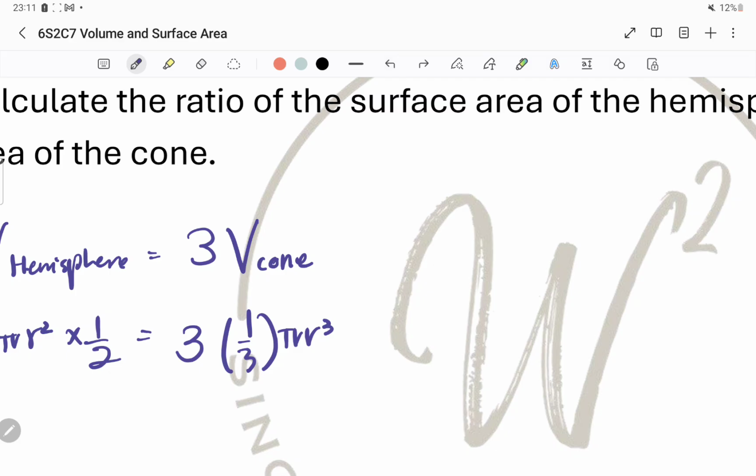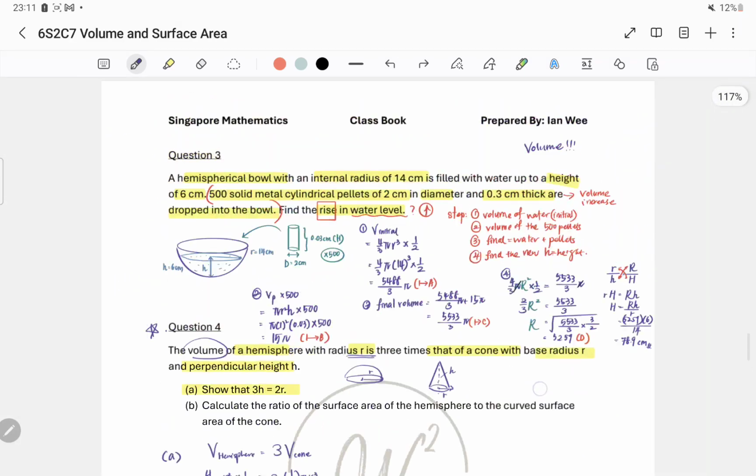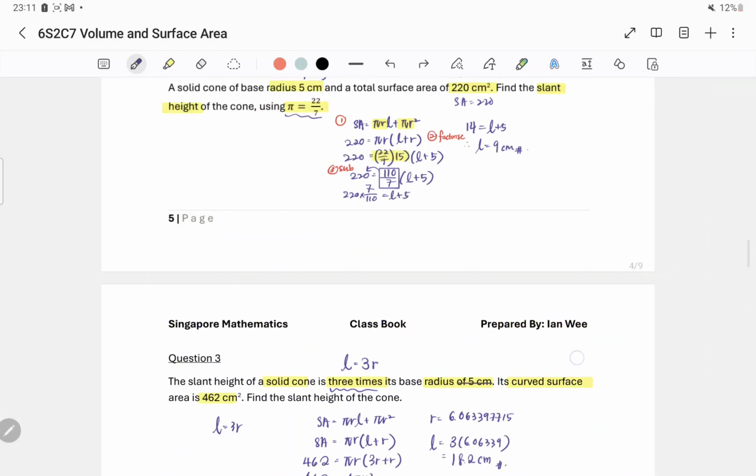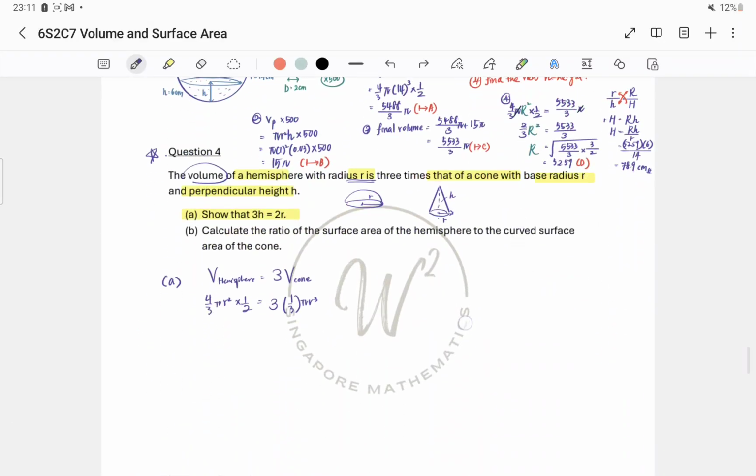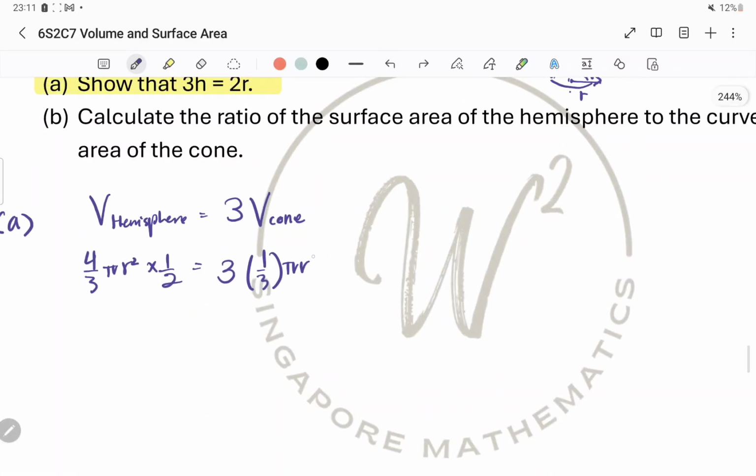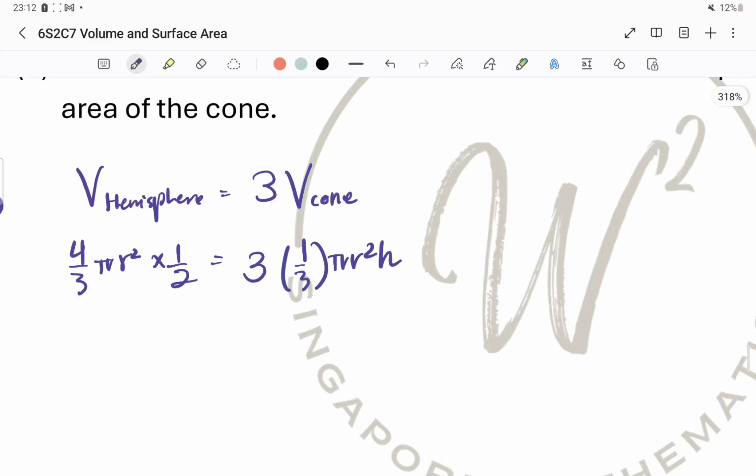So if you look back here, my volume for this one is 1 over 3 pi r square h. Sorry, pi r square h. We already put in our formula, but we can't substitute further because we need to find the final answer.